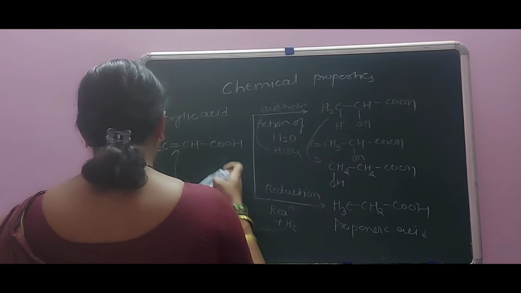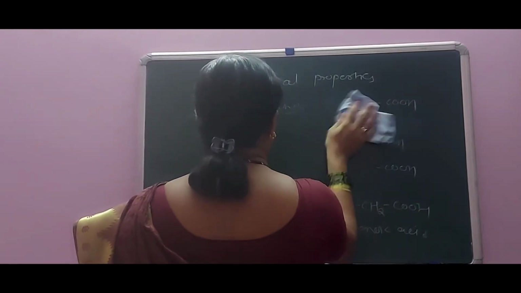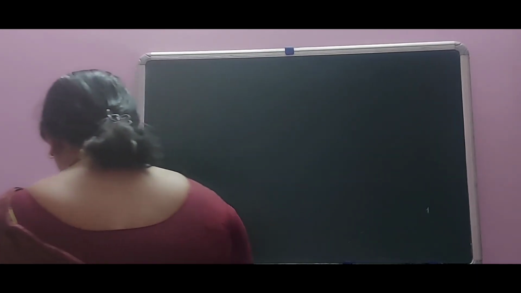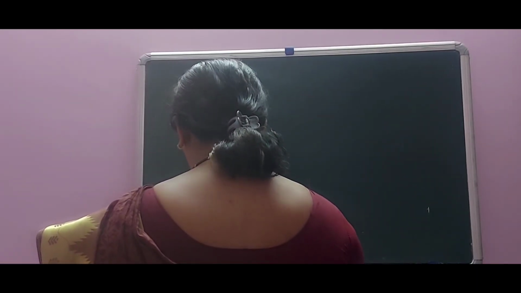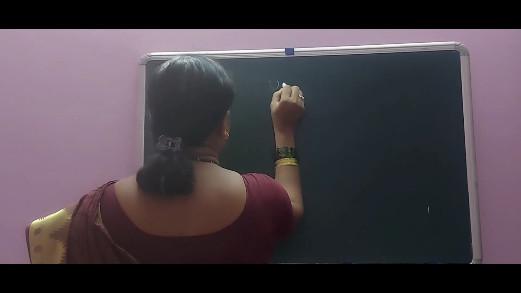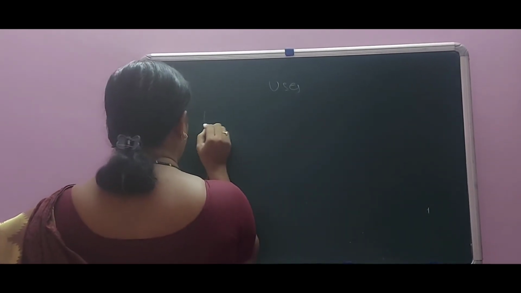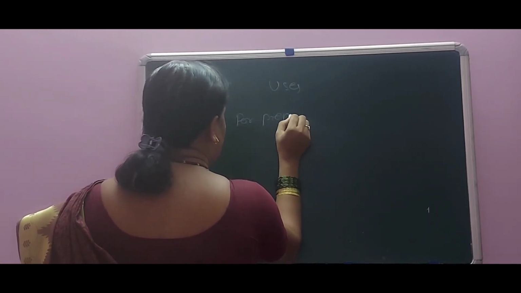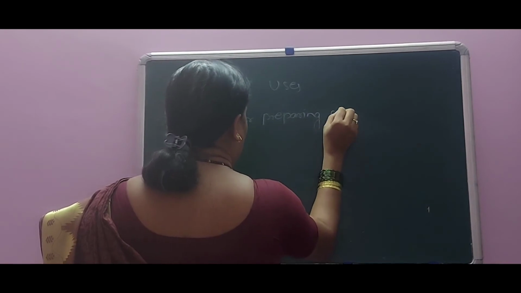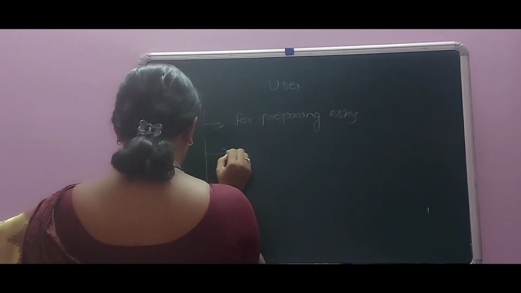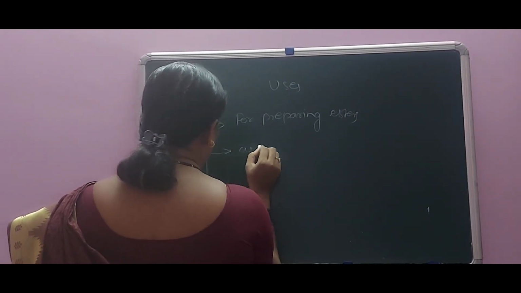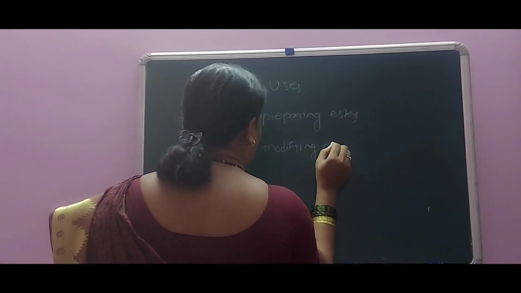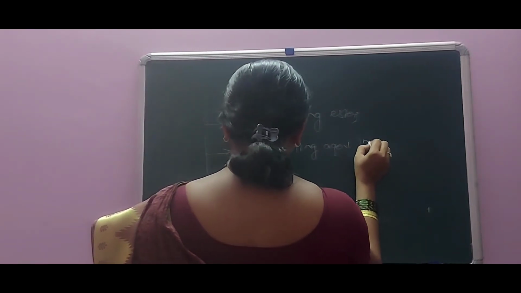Now I am going to discuss some of the uses. The uses are as follows. First, for preparing esters. Second, as a modifying agent in thermosetting resin.